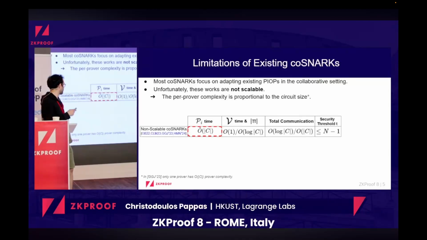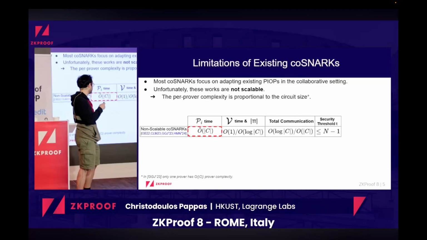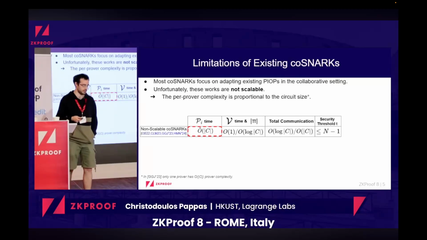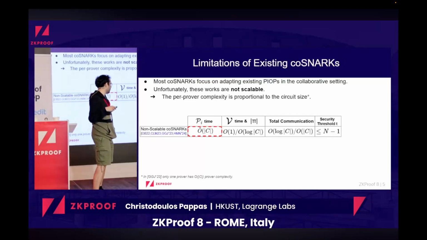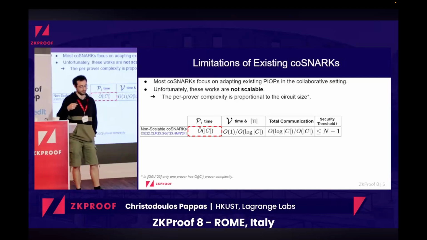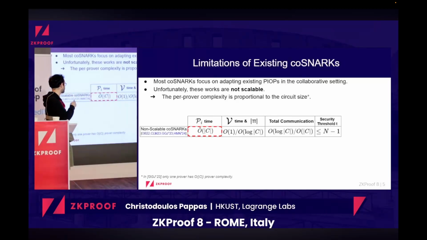So as you can see from this table, while non-scalable co-SNARKs have very good verifier complexities, which is constant or logarithmic in C, or total communication cost, or excellent security threshold, which is all but one secure. Unfortunately, the per-prover time is quasi-linear in the circuit size.